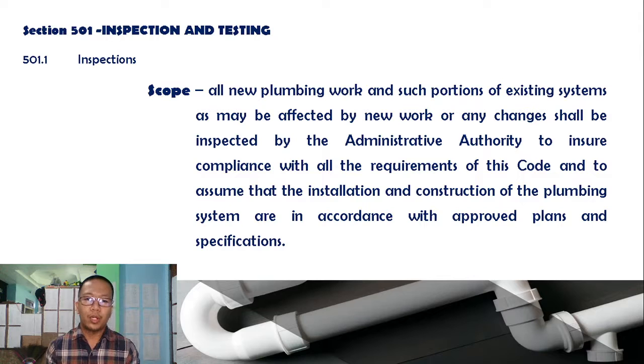All new plumbing work and such portions of existing systems as may be affected by new work or any changes shall be inspected by the administrative authority to ensure compliance with all the requirements of this code and to assure that the installation and construction of the plumbing systems are in accordance with the approved plans and specifications.